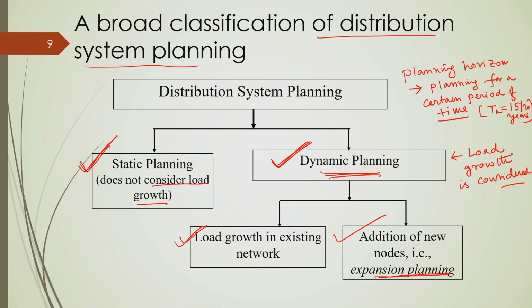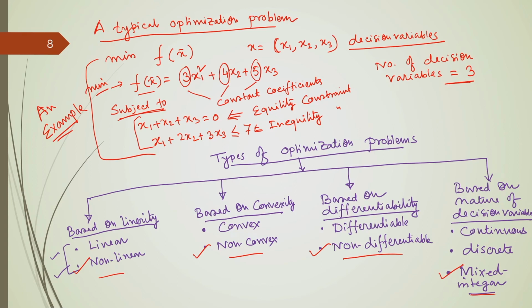As I have shown you in this typical example, we have 3 decision variables, but in a typical problem we may have 300 decision variables, or even if it is 30 decision variables, many of the solution strategies will not work.